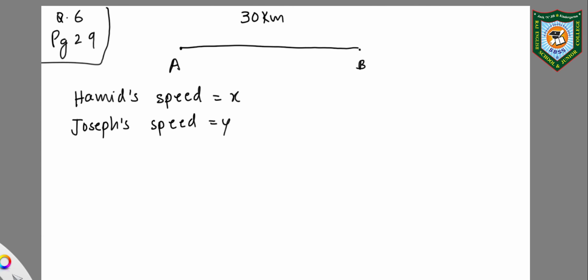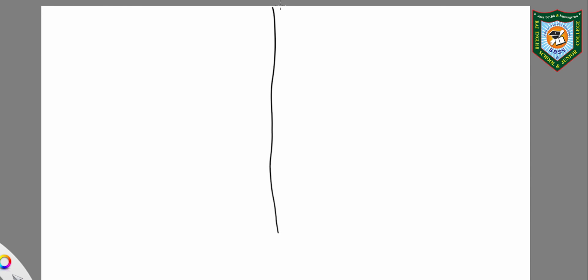Now, here it is stated that Hamid and Joseph, let's read the second statement. Hamid travels from A to B on bike. That means we are going to take two cases. So this is A and this is B. Hamid is going in this direction. So this is from Hamid's perspective.